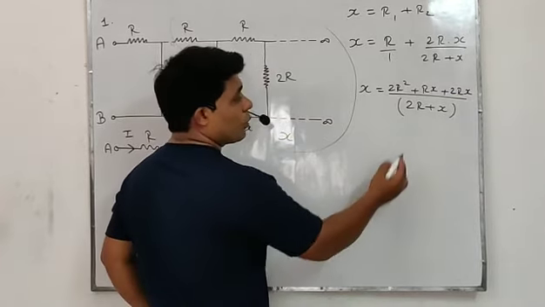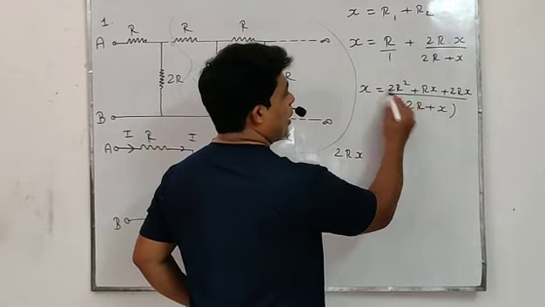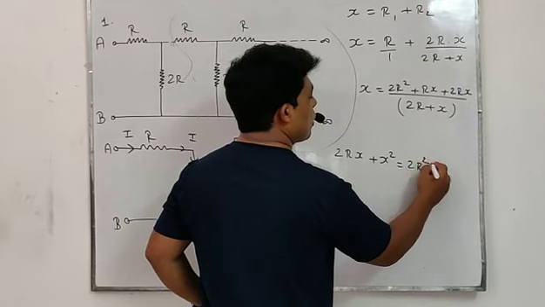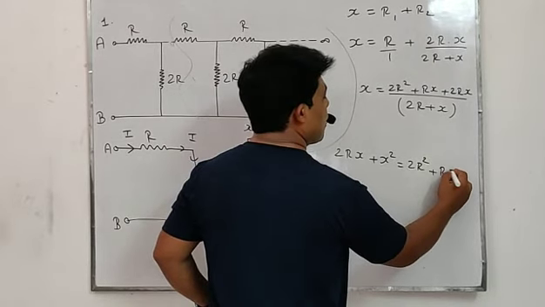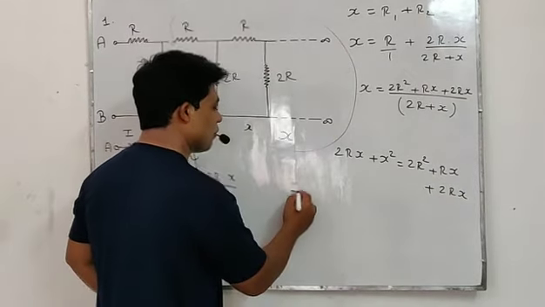Now cross multiply: 2R into X is 2Rx, X into X is x square. This is 2R square, this is Rx, this is 2Rx.